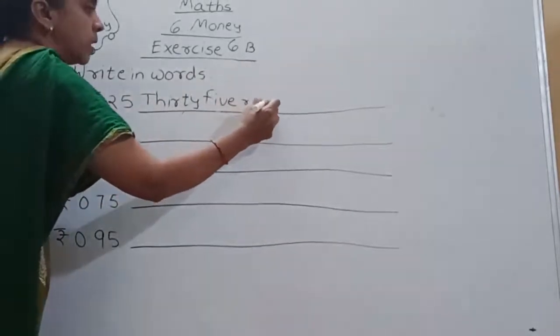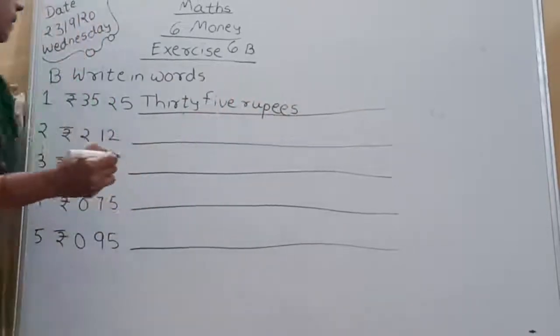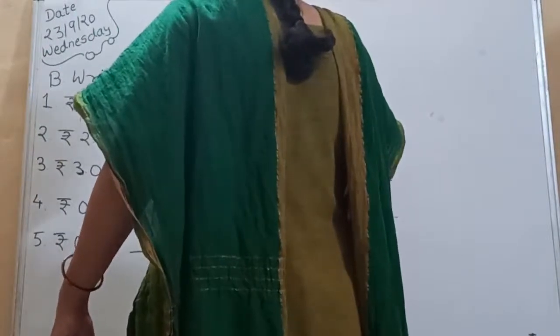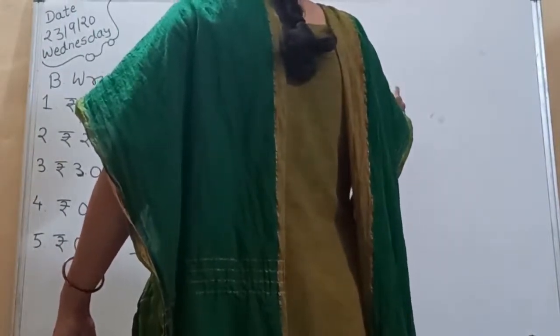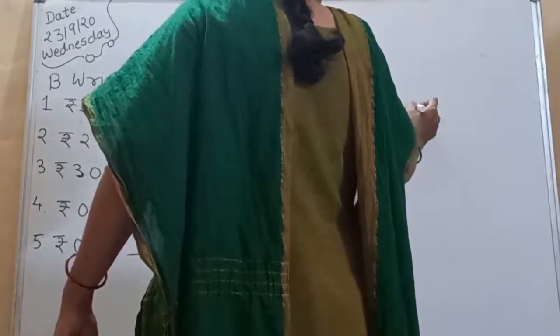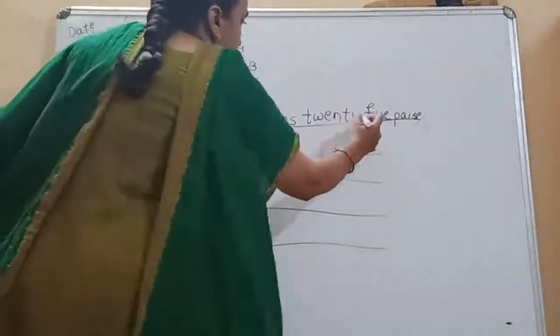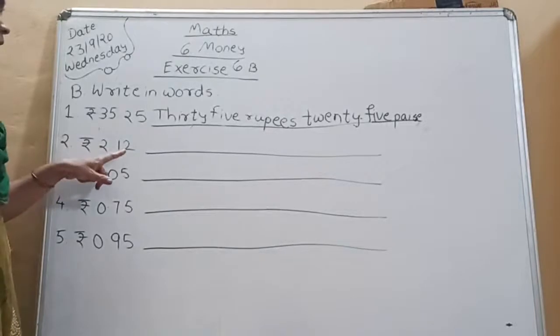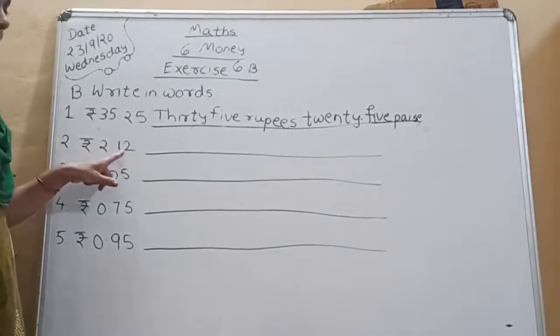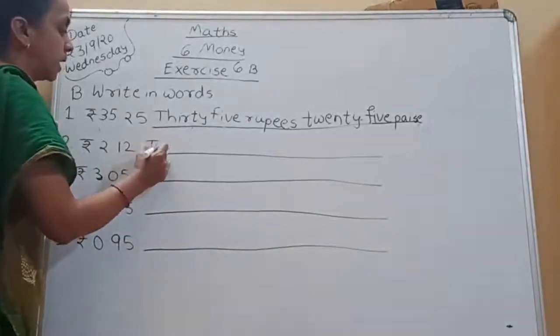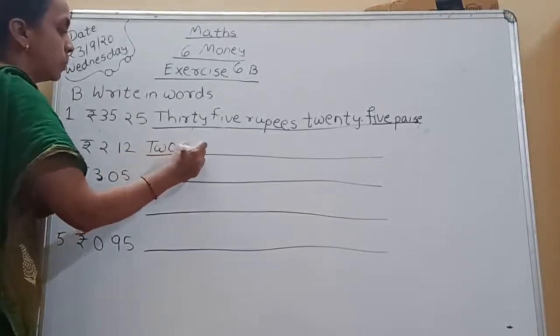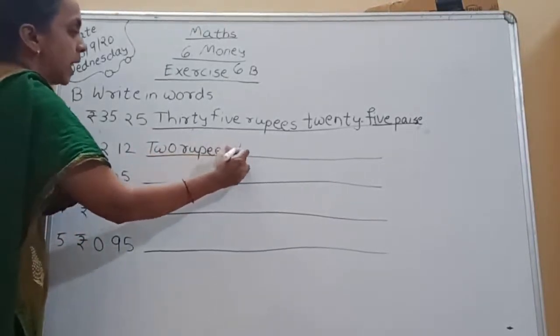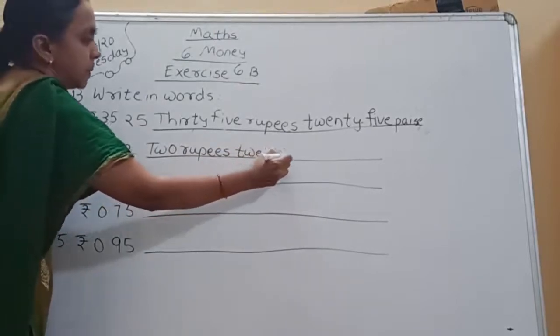So write down here 35 rupees 25 paise. Write down the spelling of 25 paise. Okay, so like this you have to write down. Then the second example is rupees 2 and 12 paise. So you write down the spelling of 2 rupees 12 paise.